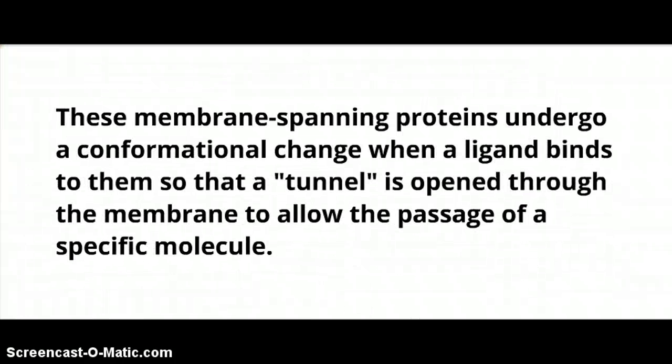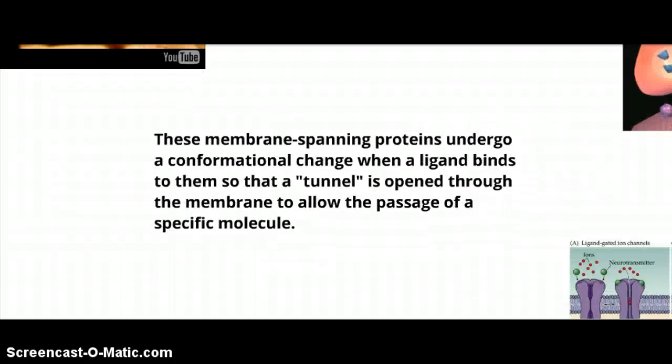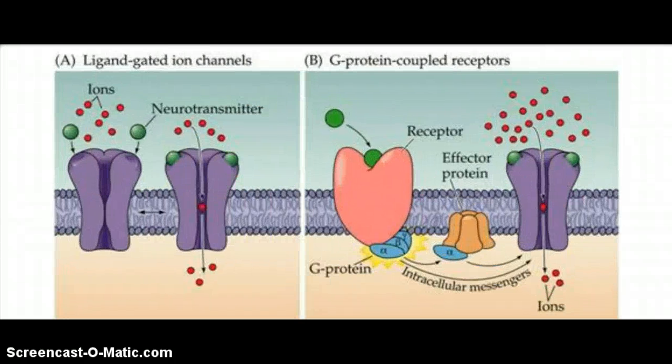They change shape. It's called a conformational change. So when the neurotransmitter binds, they open up like a tunnel, and then once they're open, specific molecules can pass through.